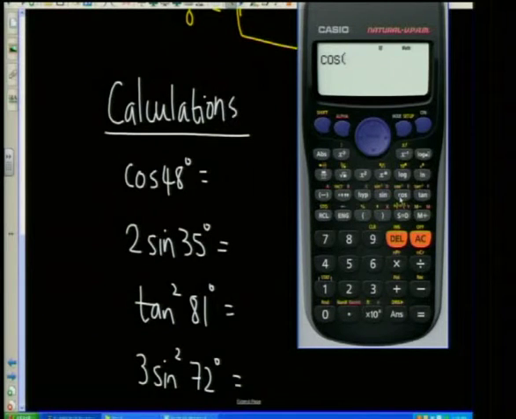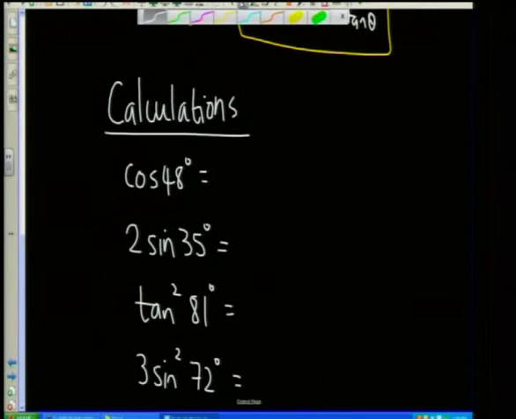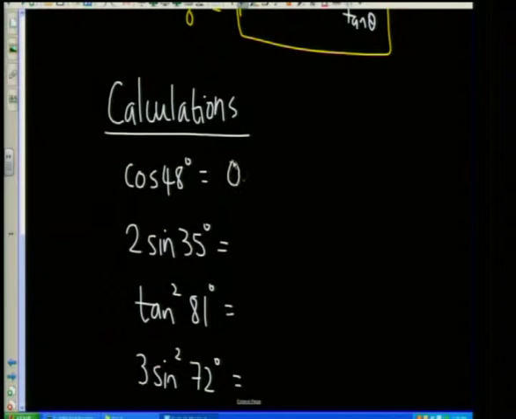So cos 48, you would fill in your angle and ask it for the ratio. It's 0,669, usually to 3 decimal places or sometimes 2. In this case, if we left it to 2, it would be 0,67, correct to 2 decimal places.